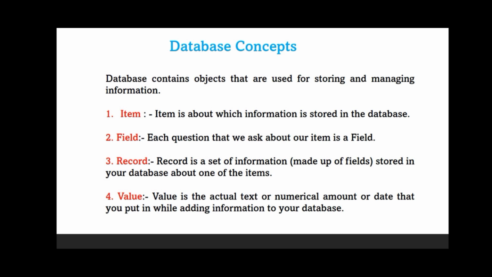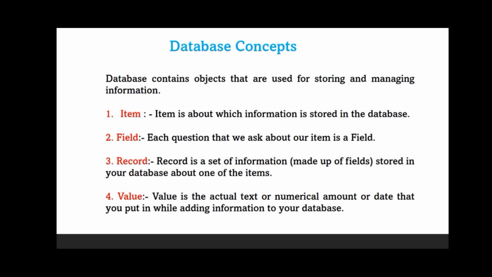Now these terms are also important. You may get questions related to this in the exam, for finding the field or record. Let's have a look. Item is the information about which data is stored in the database, that's all. Field means each question that we ask about our item. Then record.